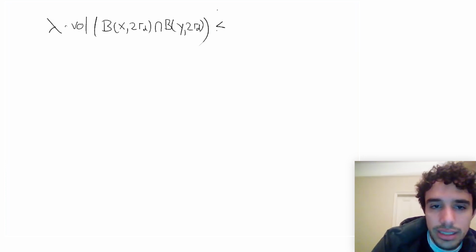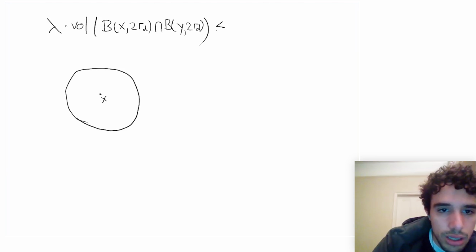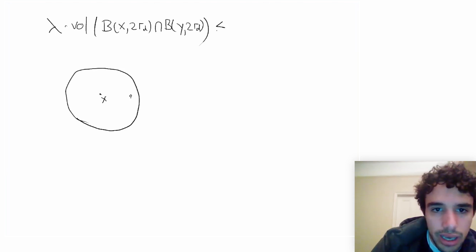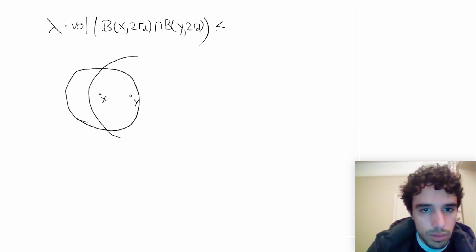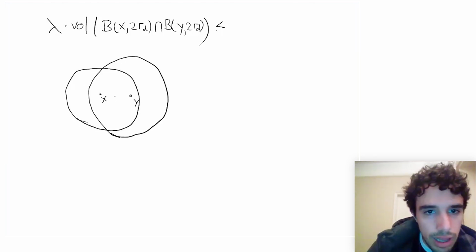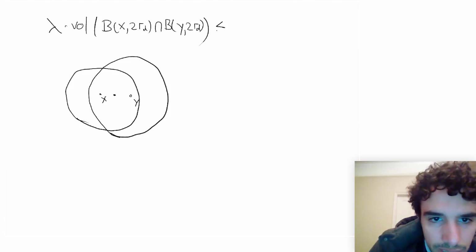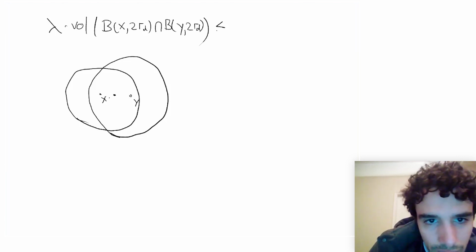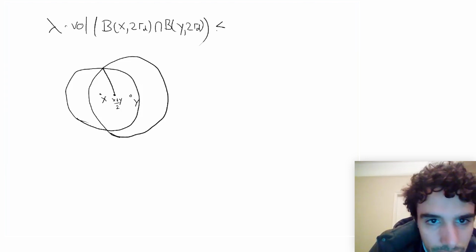If you have x here and y here, and they have some distance between them, you can take the point in the middle between them, x plus y over 2, and take the ball centered around this point with this radius.